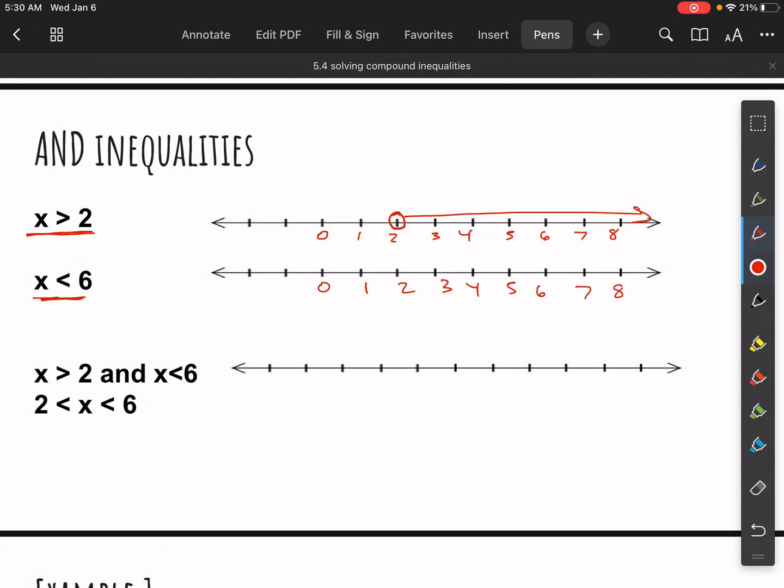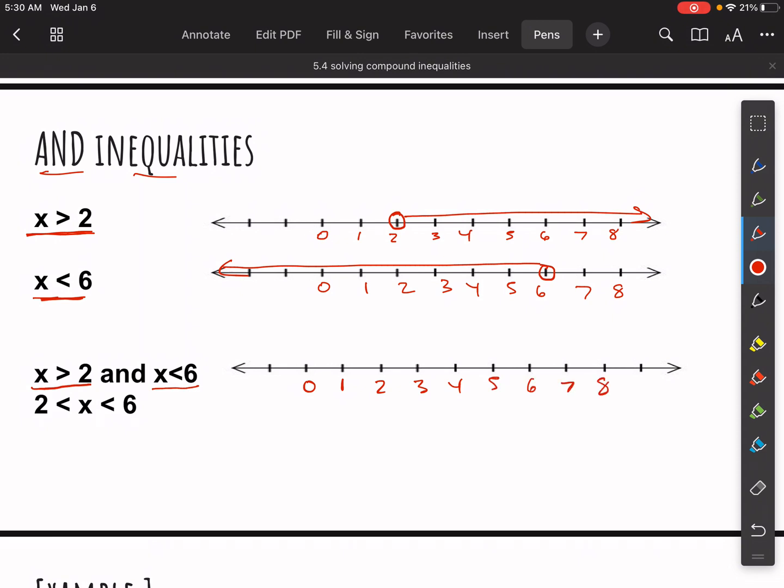If I said x is less than 6, then at 6 I would have an open circle going this way. So if I had an and inequality and said x is greater than 2 and less than 6, then what I look at, if I graph them together, which is what you're going to be doing today, is the place where you have this overlap between 2 and 6. I just wanted to show you that individually first.